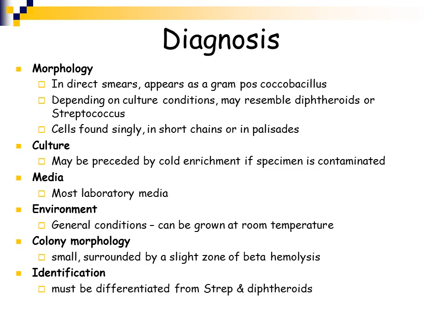It can be grown at room temperature or at 37 degrees, and like we said, it has enhanced motility at room temperature. It is a very small colony on blood agar. It has a slight zone of beta hemolysis, very slight, it's difficult to see. And you have to be careful to differentiate your Listeria from your streptococcus and your diphtheroids.